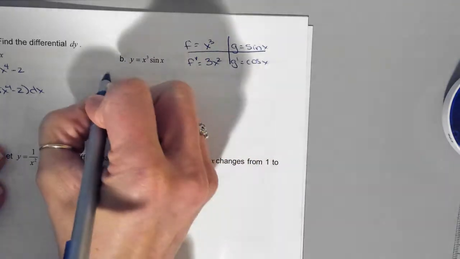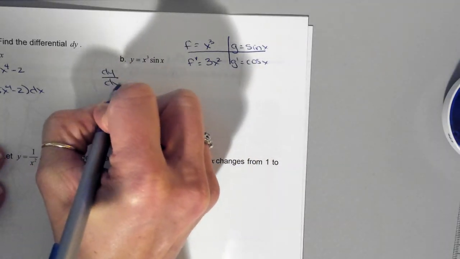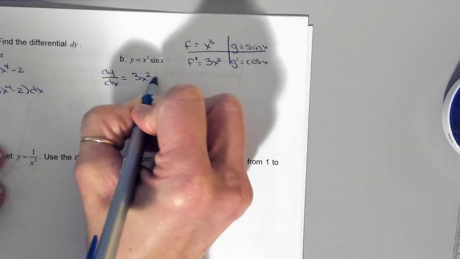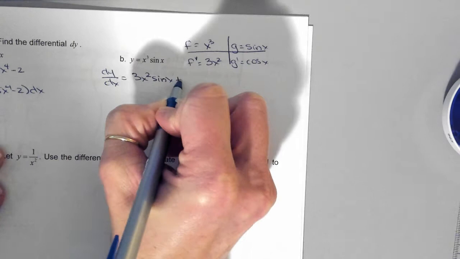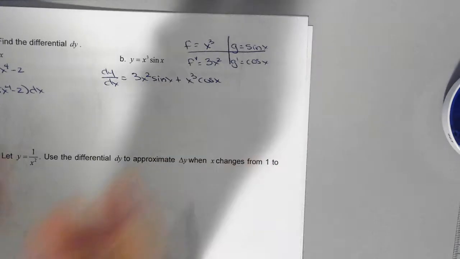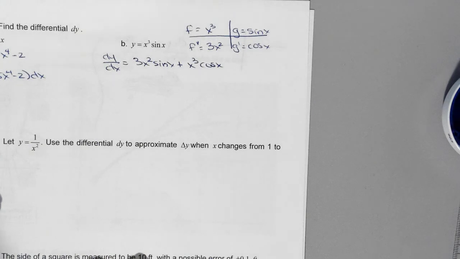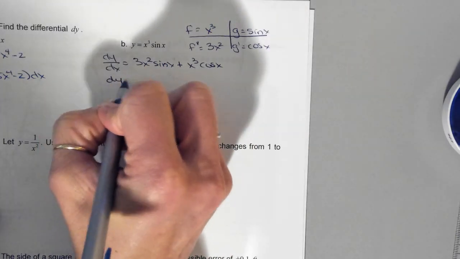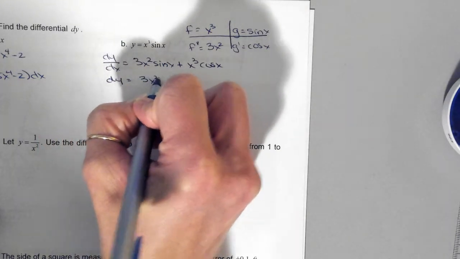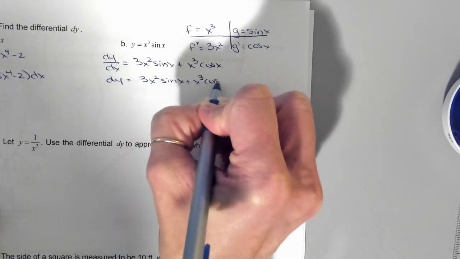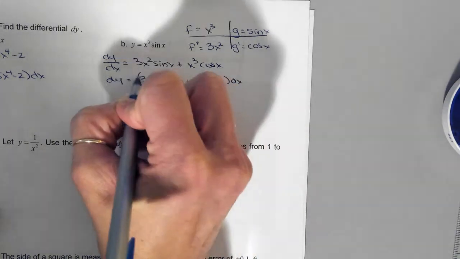So when we're taking the derivative, we have dy/dx equal to f prime times g plus f g prime. Last step is to solve for dy. Multiply by dx. Everybody good?